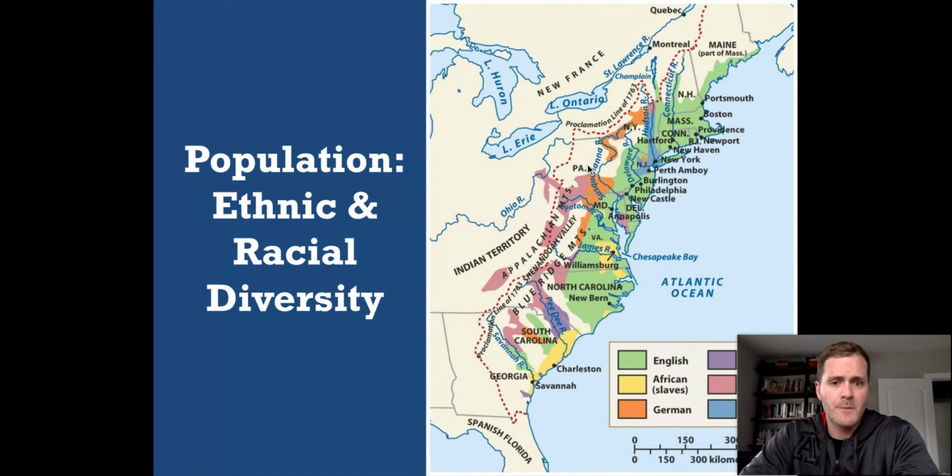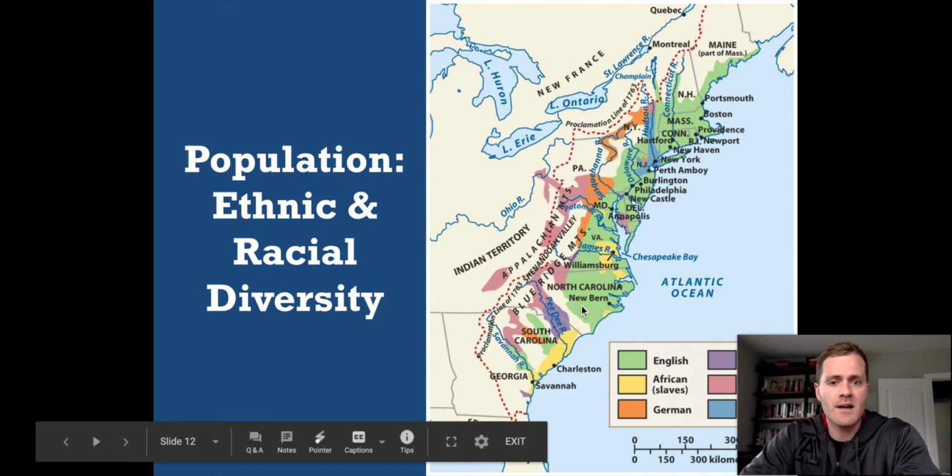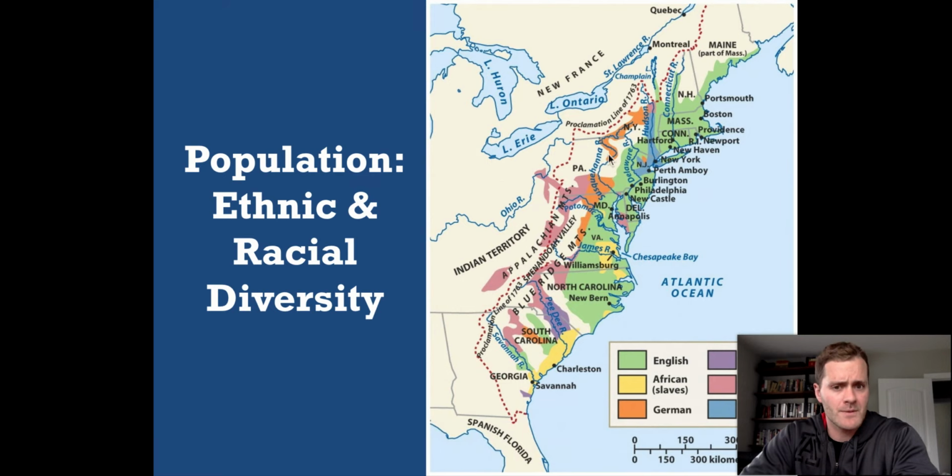We see German people settling on the frontier in Pennsylvania along the Susquehanna River, in New York as well. We see Irish people settling on the frontier along the Appalachian Mountains, and we see Scots-Irish people as well that are settling on the frontier. We still see as well a little bit of Dutch influence here in New York, along the Hudson River, because, of course, New York was at one point a Dutch colony before being taken over by the British.